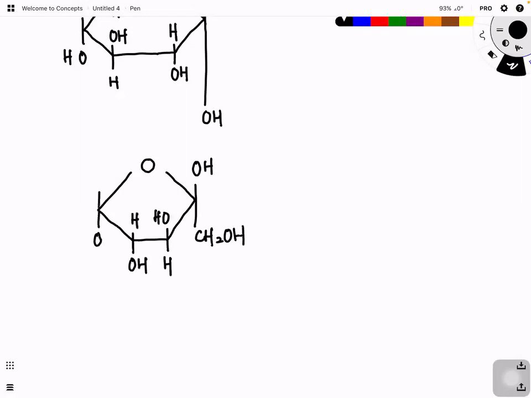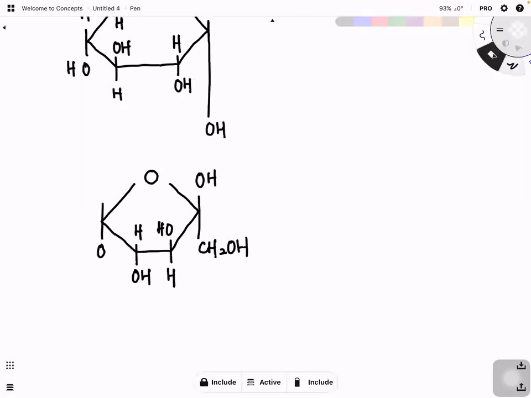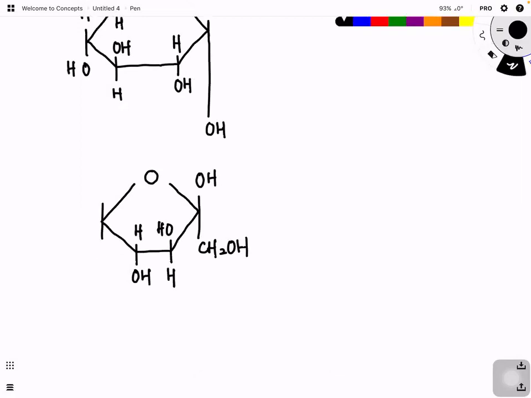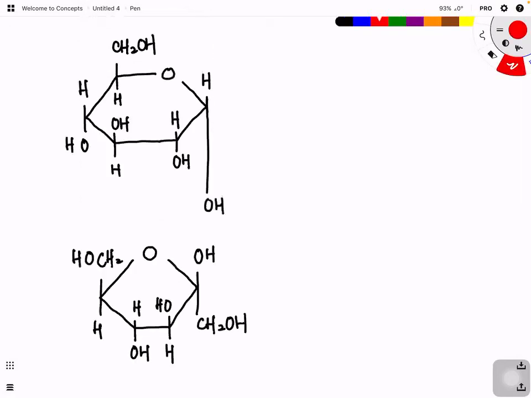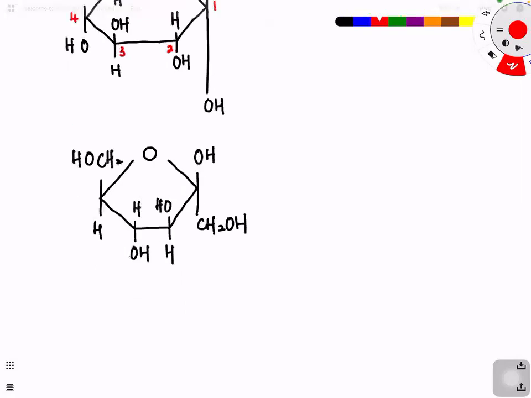Sorry, this is H only, my mistake. And CH2OH. So I label them, guys. For glucose, this is carbon number 1, 2, 3, 4, 5, and 6. For fructose, we have carbon 1, carbon 2, carbon 3, carbon 4, carbon 5, and carbon 6.